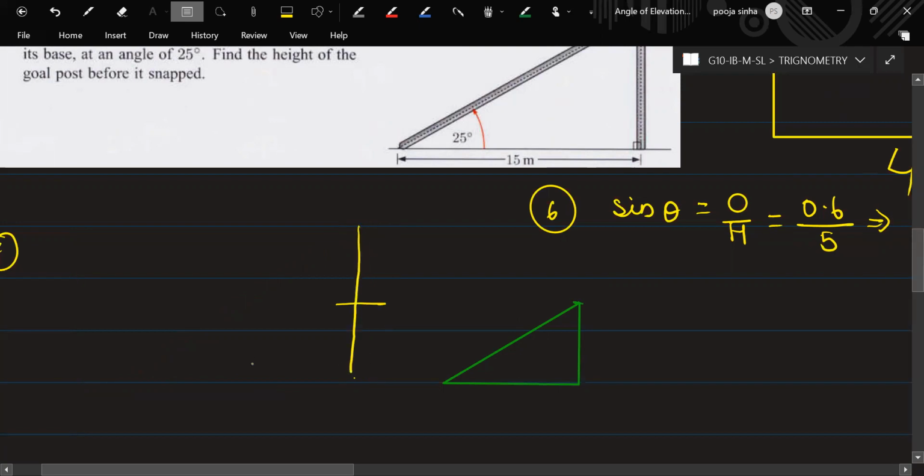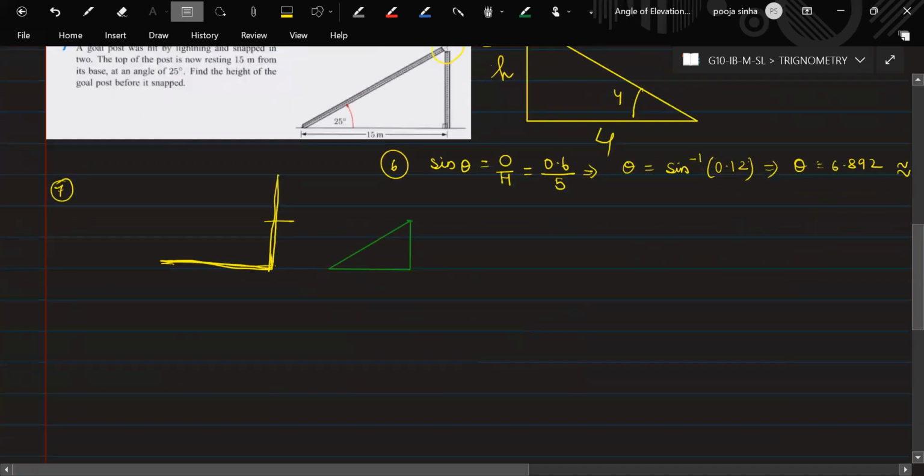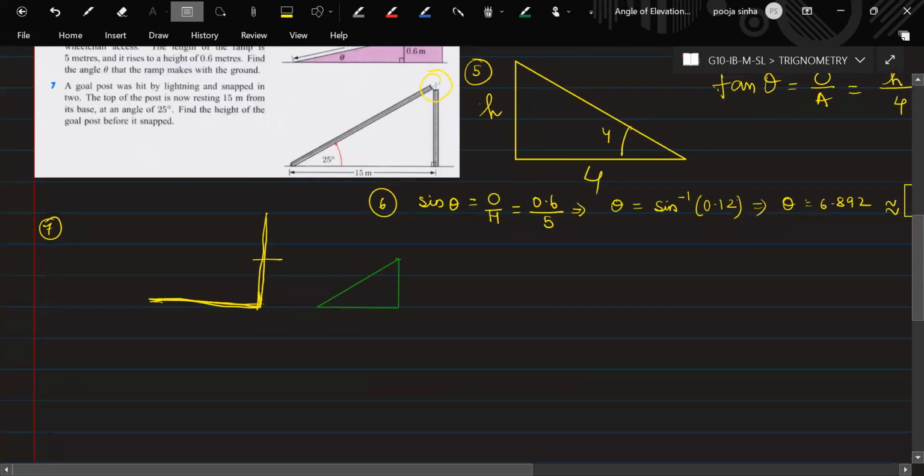Miss, can you show the question again? I'll just show you. This is how it was. Question number 7. And now it broke from this particular point.